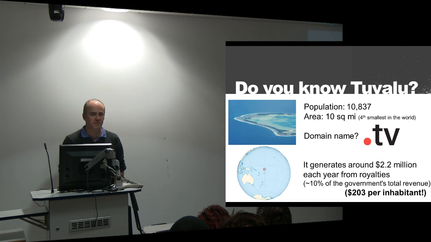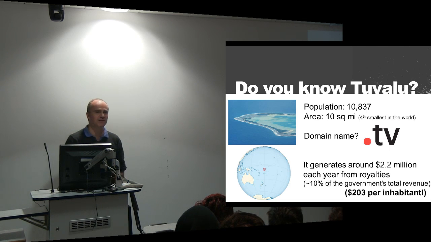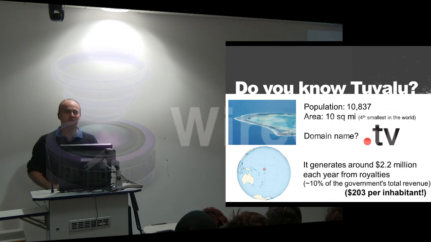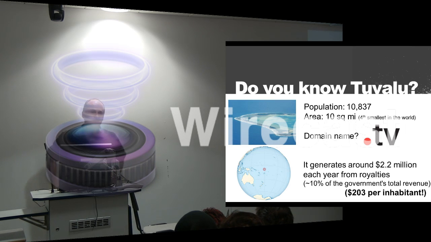Easy life. They already have a nice beach, and they get $200 for nothing, just because their country is called Tuvalu. So for those people, obviously the domain name is really important. That changed their life.